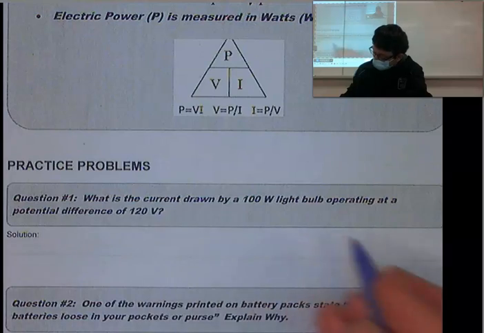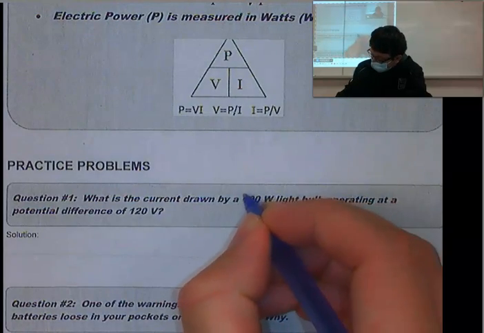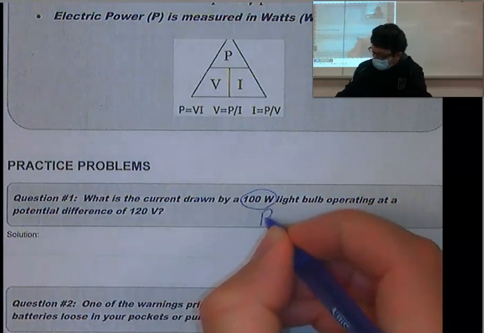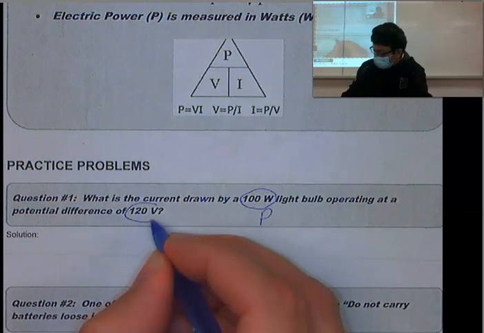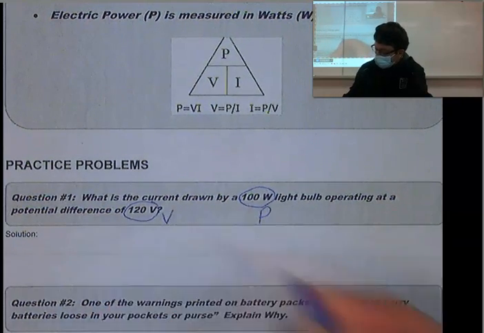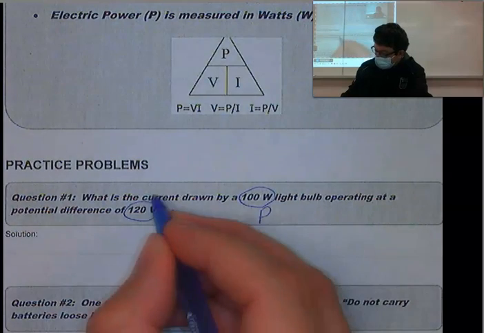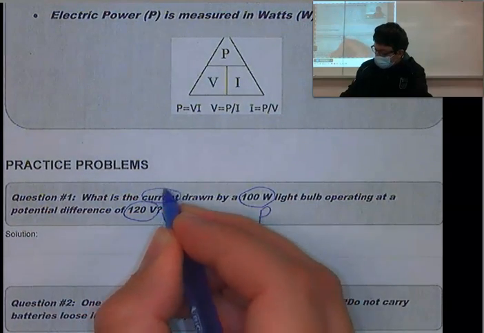So power. We're given power right here. That's P. And we're given potential difference, which is voltage, V. And we're asked to solve for the current. What is the current, I?